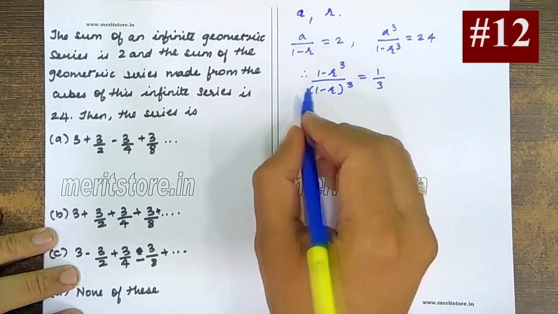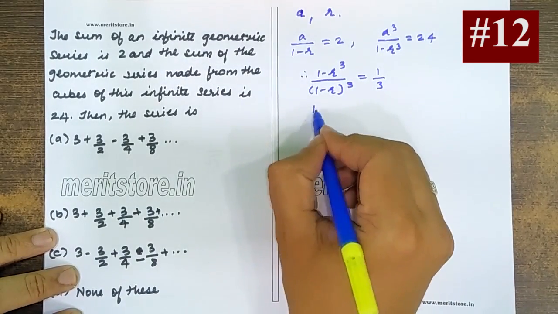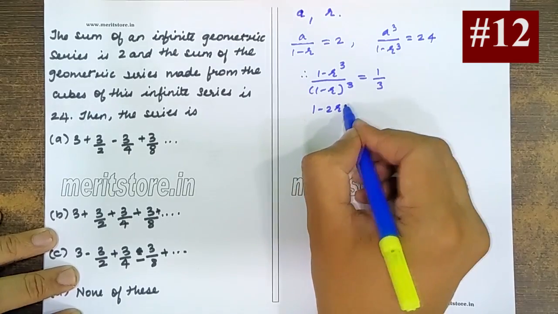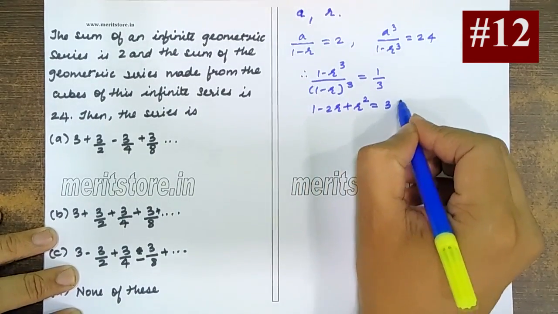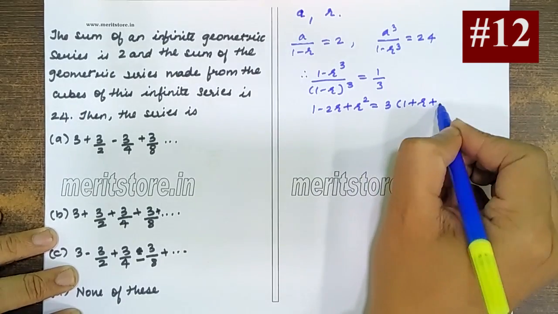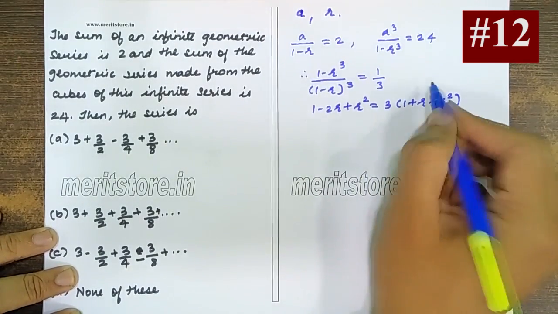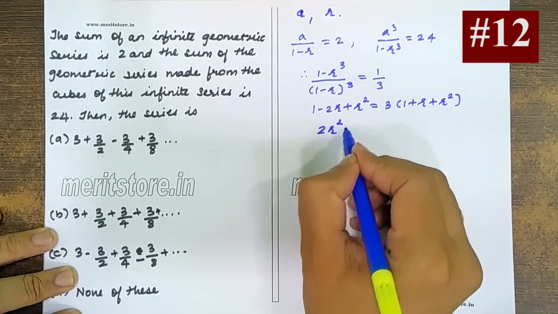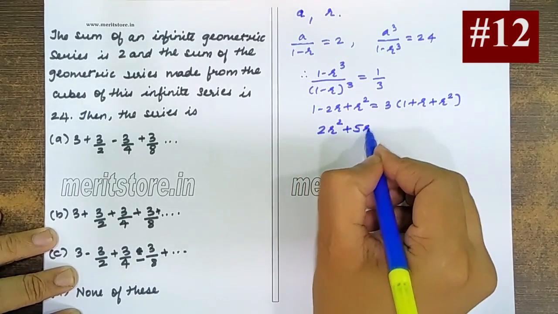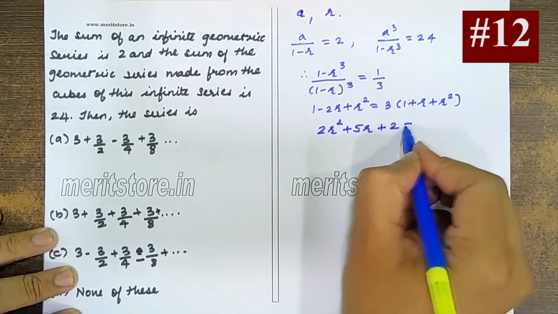Now cross multiplying and simplifying, you will get 1 minus 2R plus R square is equal to 3 times 1 plus R square. Further expanding this and solving, you will get 2R square plus 5R plus 2 is equal to 0.